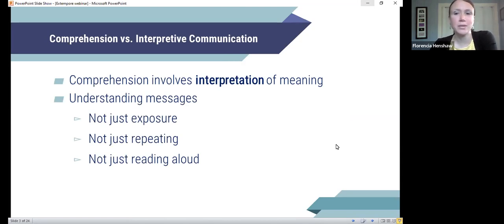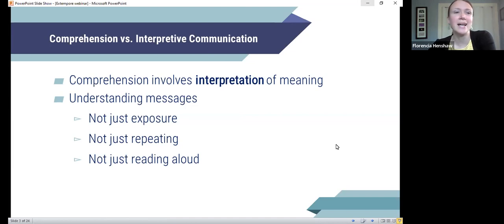To put it another way, yes, it's about understanding messages. And I don't mean just simply and literally understanding the words. That is one layer of it, but clearly there's much more to it, right? Comprehension involves all sorts of factors. It's not just literally understanding words.